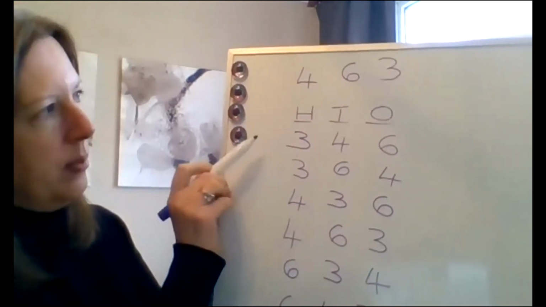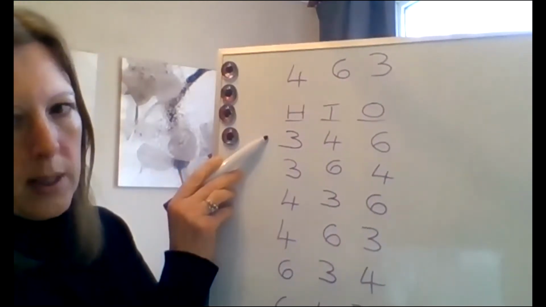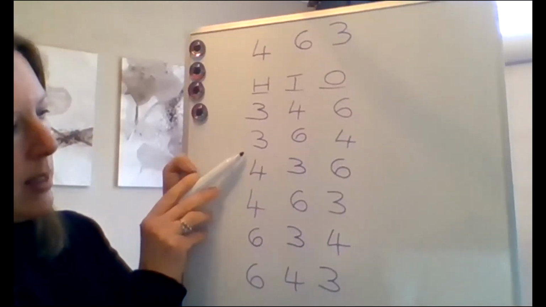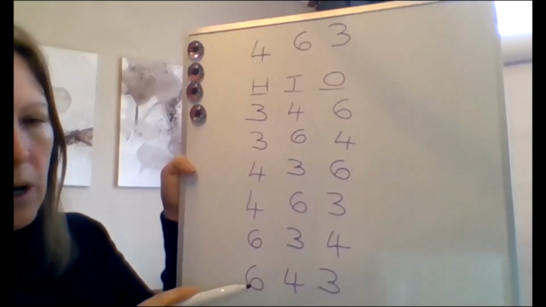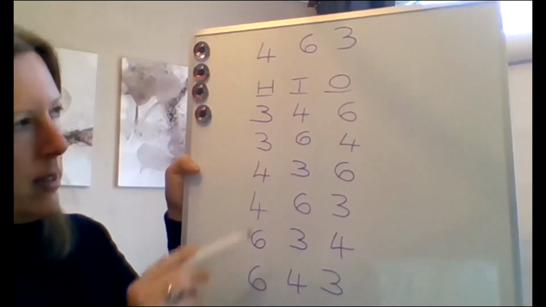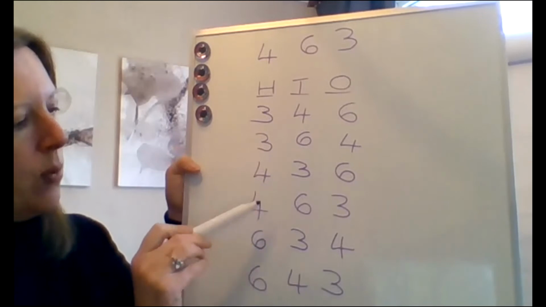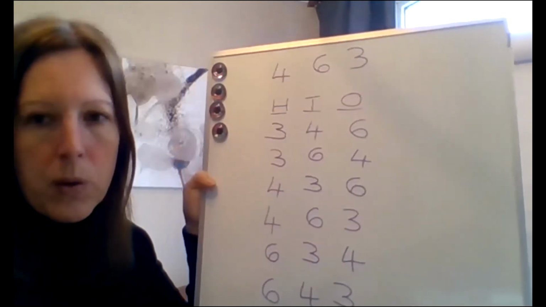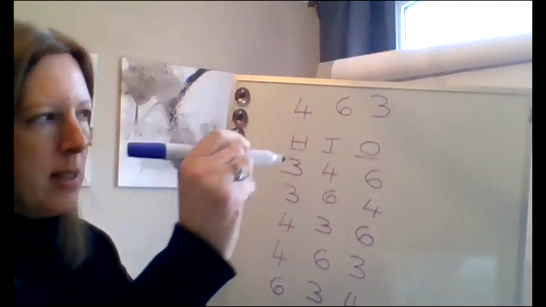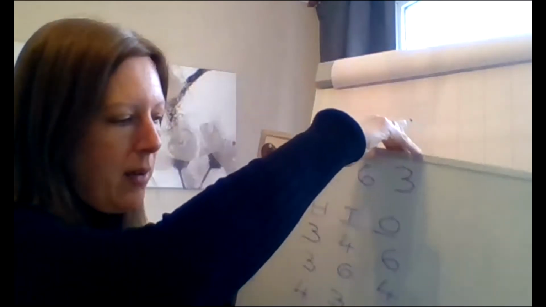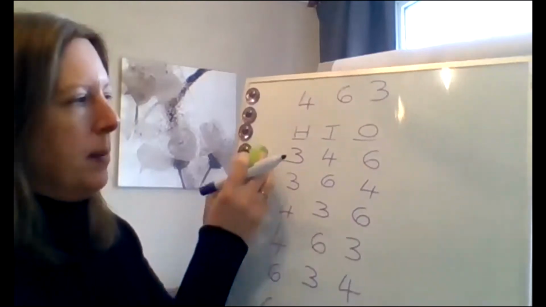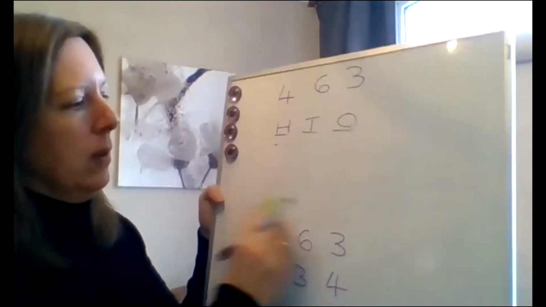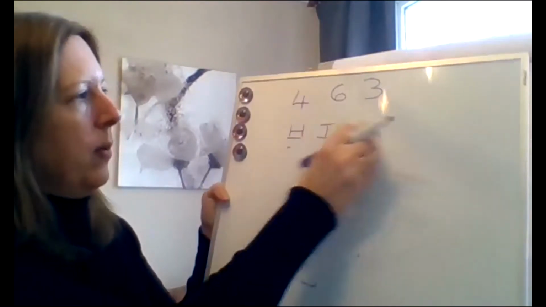So I've gone from my smallest number, systematically getting bigger and bigger until I've got to my largest number that I can make. So there are 1, 2, 3, 4, 5, 6 numbers that we could have made using those 3 digits. Okay, so well done if you found all of those combinations. So more than just one answer for that one, wasn't it?